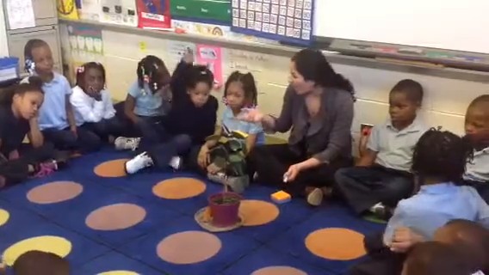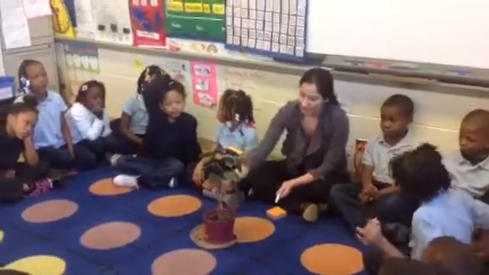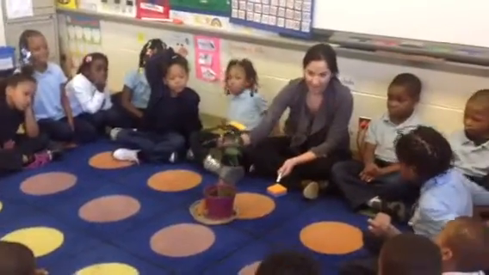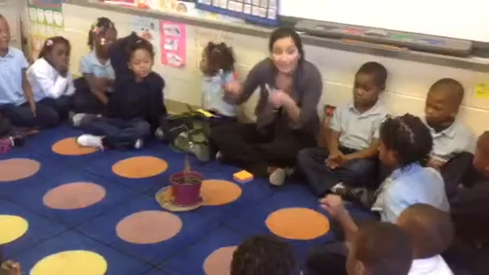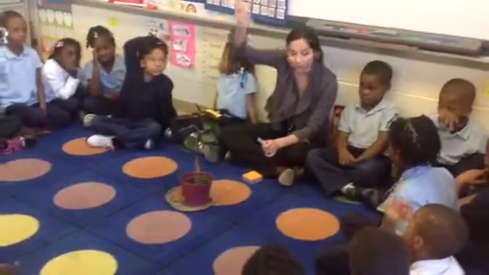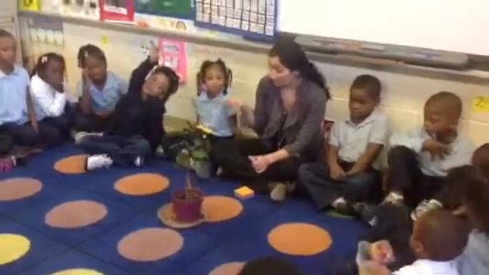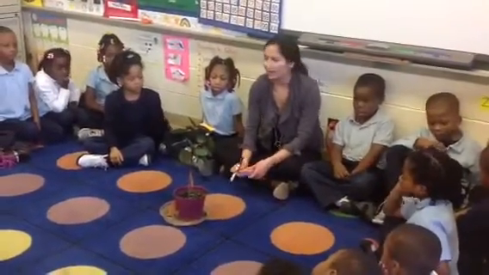So if we don't water our plant, or if we just forget about it, the leaves and the stem will kind of fall over and tip over. But the stem keeps the plant upright, and it keeps the plant towards the sun, because we know that plants need water and sun to grow. Excellent. And the last plant part is a flower.